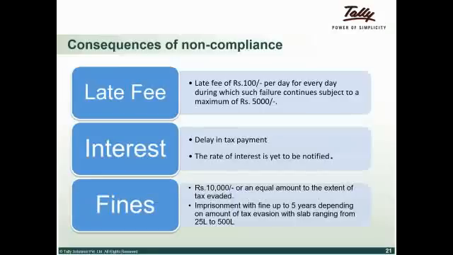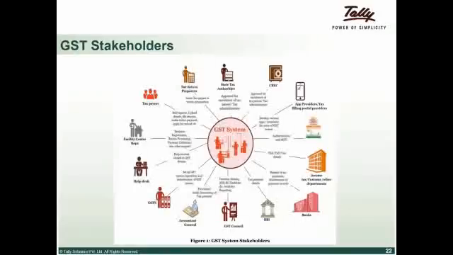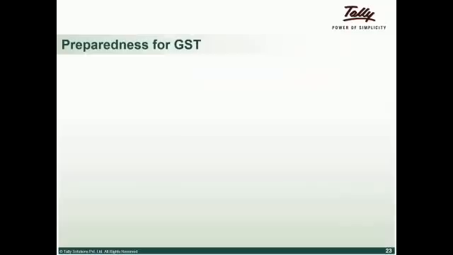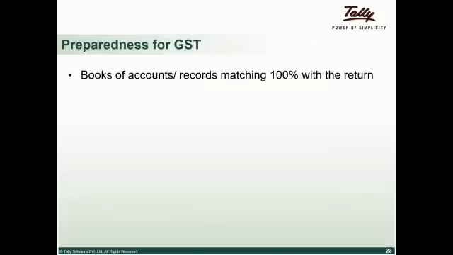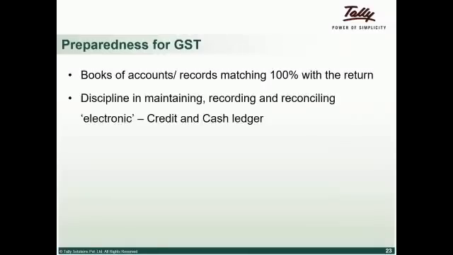Fines: 10,000 rupees or an amount equivalent to the tax evaded. There is also prosecution: if the tax evasion ranges from 25 lakhs to 500 lakhs, there will be a penalty and also imprisonment ranging from 1 year, 3 years to 5 years for the non-compliance. Okay.